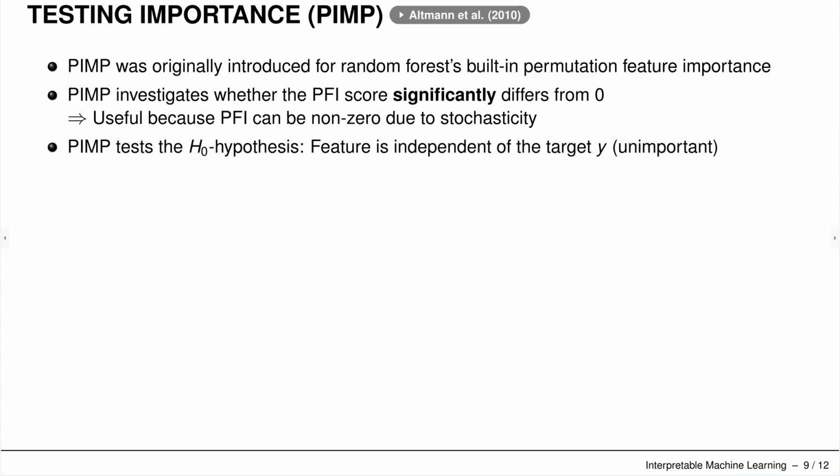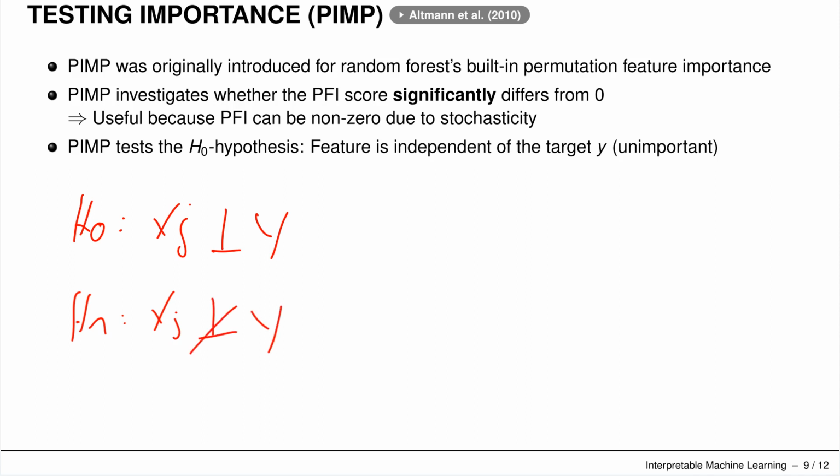For that, you test against the null hypothesis that the feature is independent of the target y. So your null hypothesis is feature xj is independent of y, and your alternative is feature xj is not independent of y, so it is dependent of y.